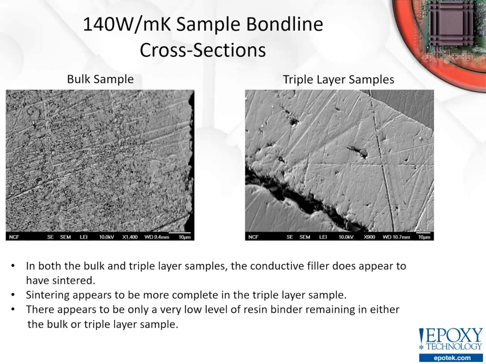We again cross-sectioned this product, putting it through SEM, and on the left side you can see the bulk sample looks beautiful. Actually does sinter. You see a uniform, cohesive bond line. The filler does appear to be coming together, but you can also see that in the bulk material, there's a very high polish to it.